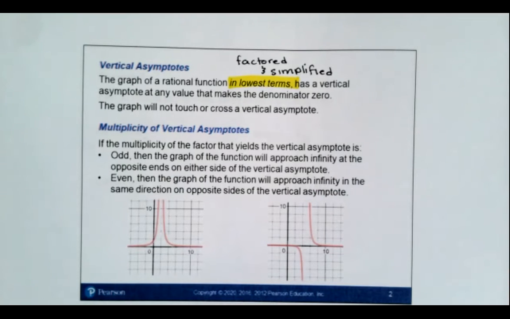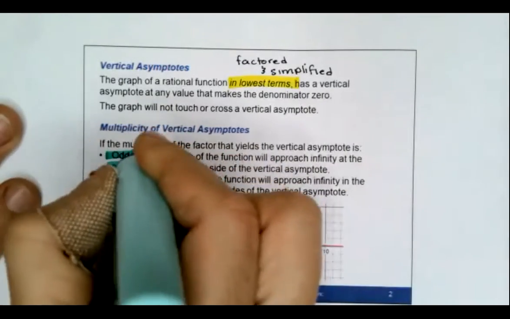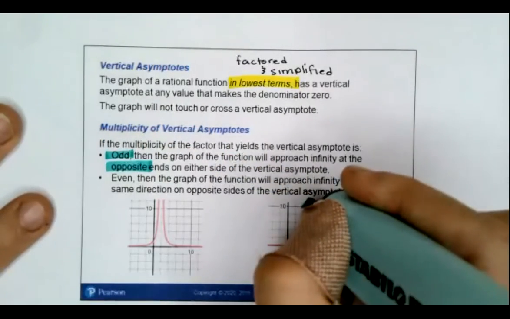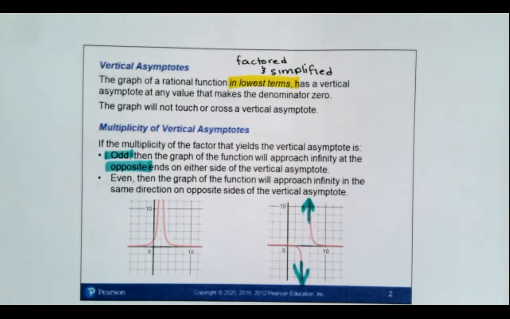Okay, so this one, odd, it's going in opposite directions. These pictures are a bit out of order for how I read.